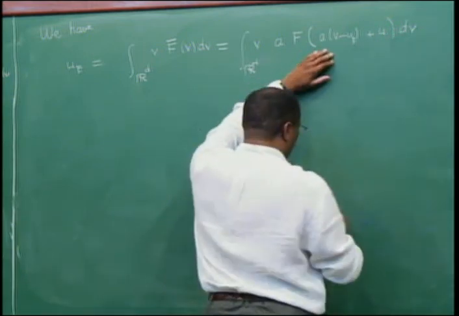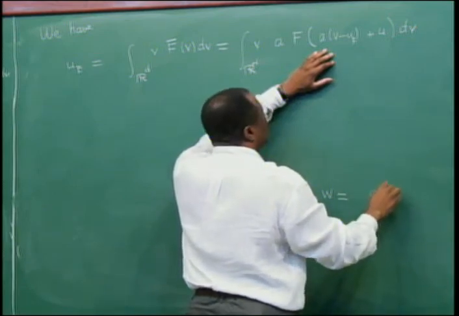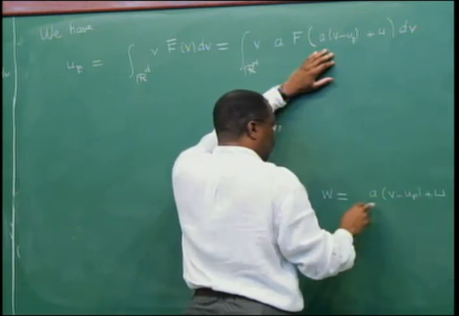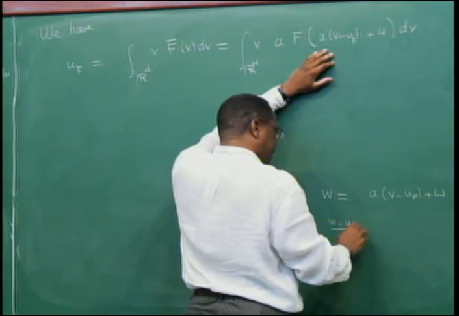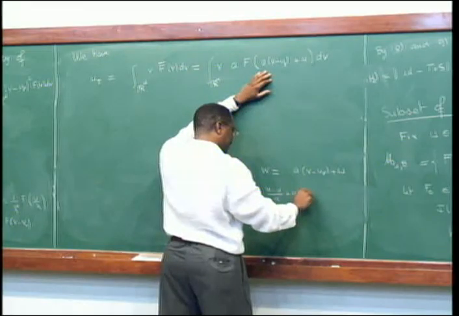And you see that it is suggesting I set w equal to a(v − u_f) + u, so that (w − u)/a plus u_f is v. Okay?